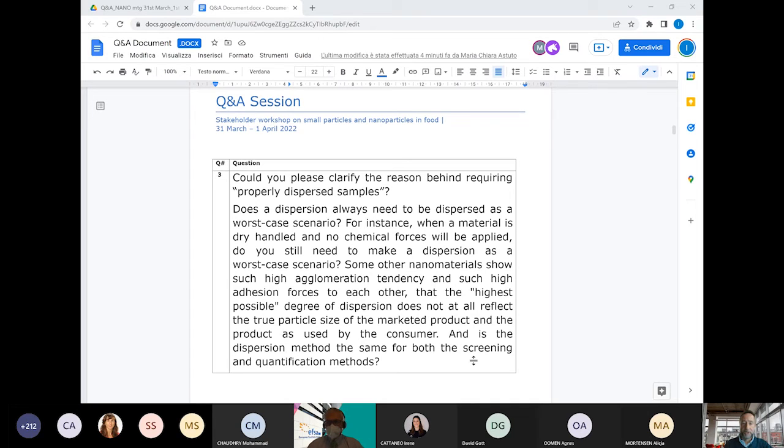Therefore, ensuring proper dispersion is needed in toxicological testing. And for the measurement of particle size distribution, it is equally essential to ensure a proper dispersion, since results will be biased if particles are largely agglomerated, and it is the number-based particle size distribution of the constituent particles that has to be characterized. Thank you.